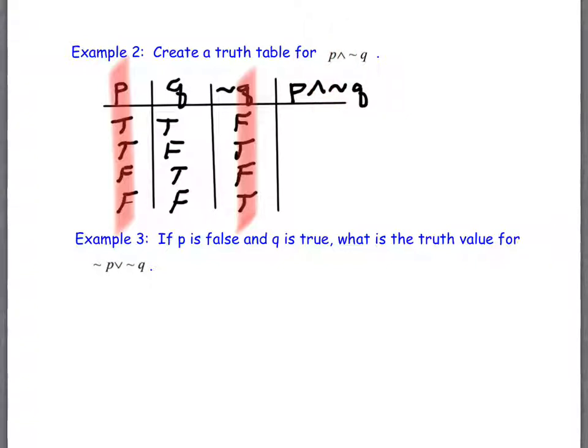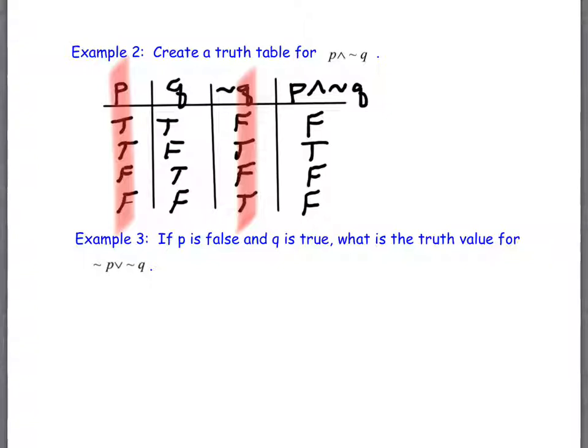So on the first row, I have true and false. That gives me false. On the second row, I have true and true. That's true. The third row, I have false and false. It's false. The last row, I have false and true. That's false. And that's our truth table for this.